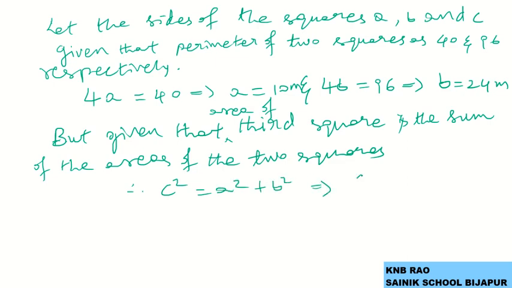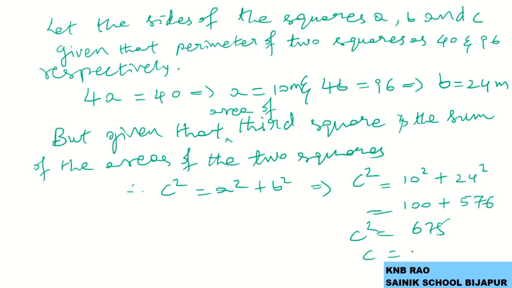It implies C square equals 10 square plus 24 square, 100 plus 576, and their sum is 676, and C being the square root of 676, you know the square root of 676 is 26.